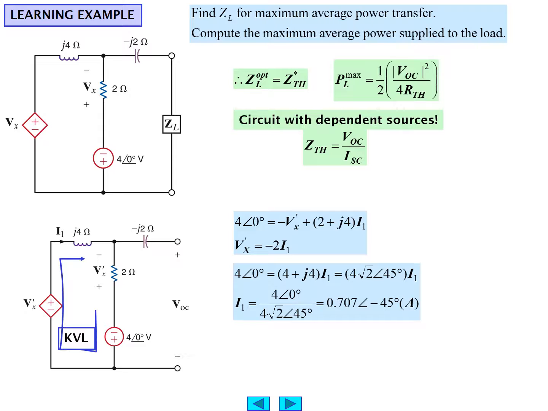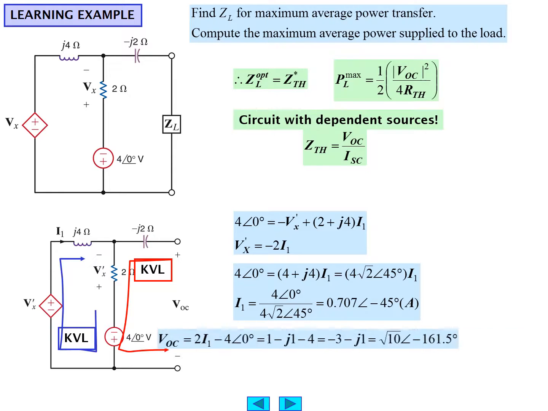So substitution then gives us 4 angle 0 is equal to 4 plus j4 times I1. And we can now calculate I1 as 0.707 angle minus 45 degrees. We can then do Kirchhoff's voltage law around this particular loop to find VOC.